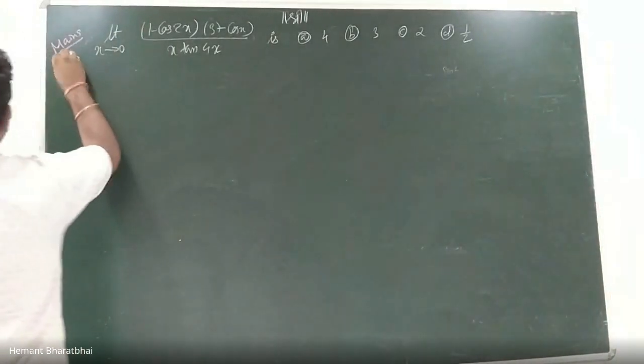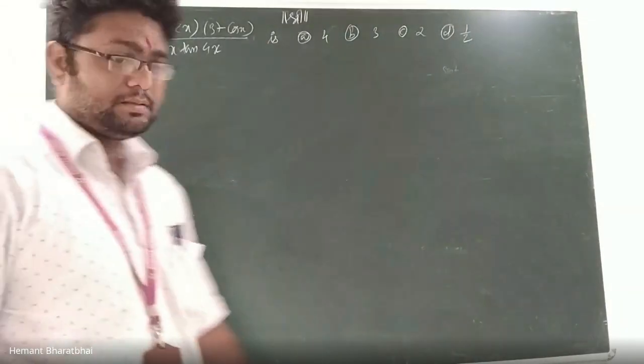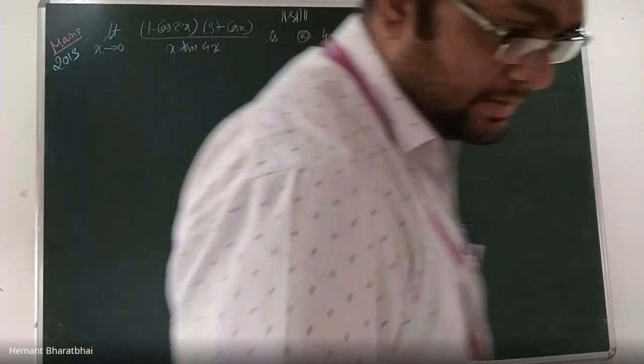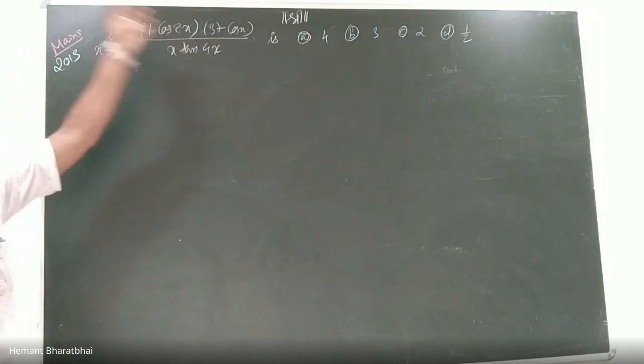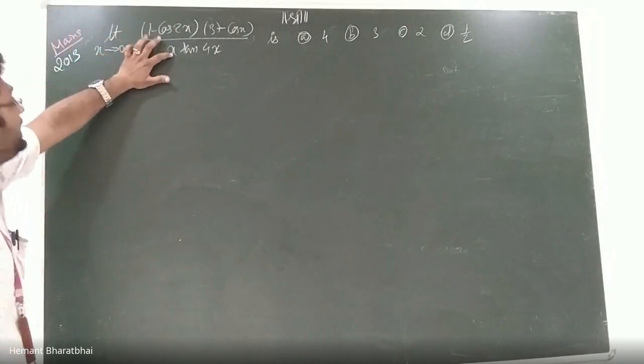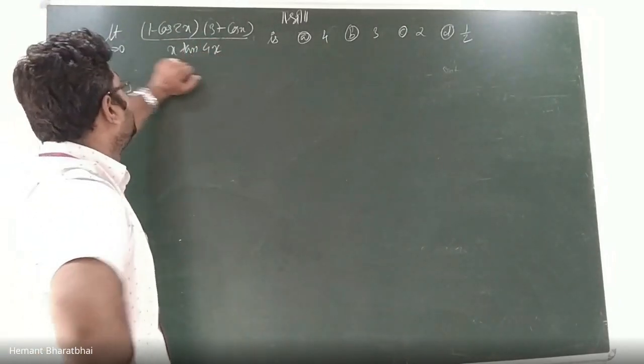JEE 2013. Tan 4x. So if I substitute x is equal to 0, I am getting 0 over here. If I give this x separately to this, then for this term again I need x.